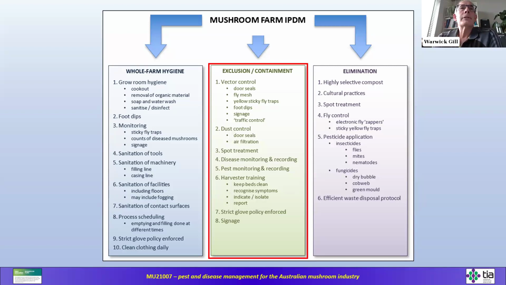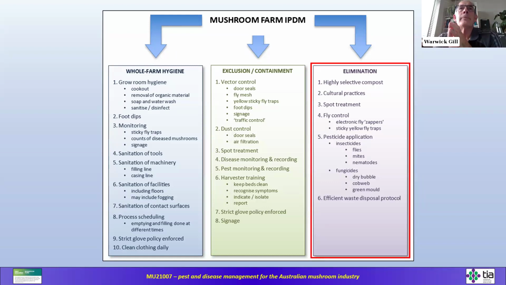So they need to recognise the symptoms and know how to report symptoms and how to isolate what they see. Strict policy will prevent nasties getting into a new room. And again, signage to make sure no one gets into a diseased room or where they're not supposed to go.